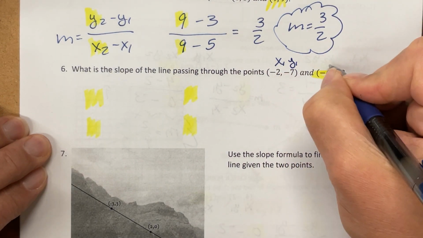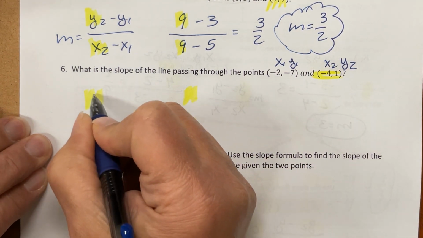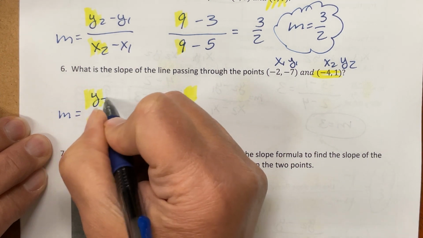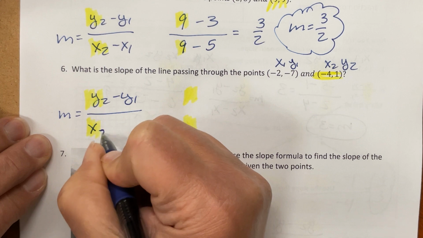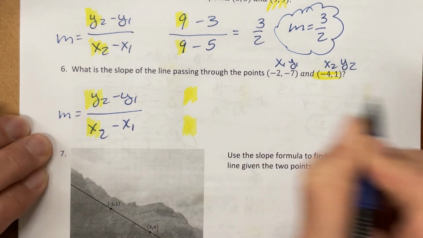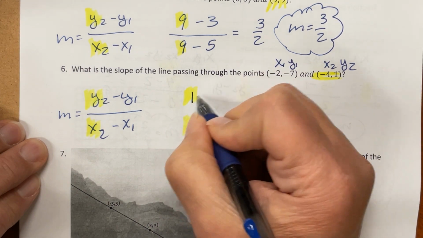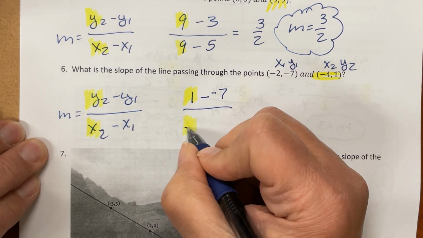x1, y1, x2, y2. Write the formula. M equals y2 minus y1 over x2 minus x1. Write it every single time. 1 minus negative 7 over negative 4 minus negative 2.